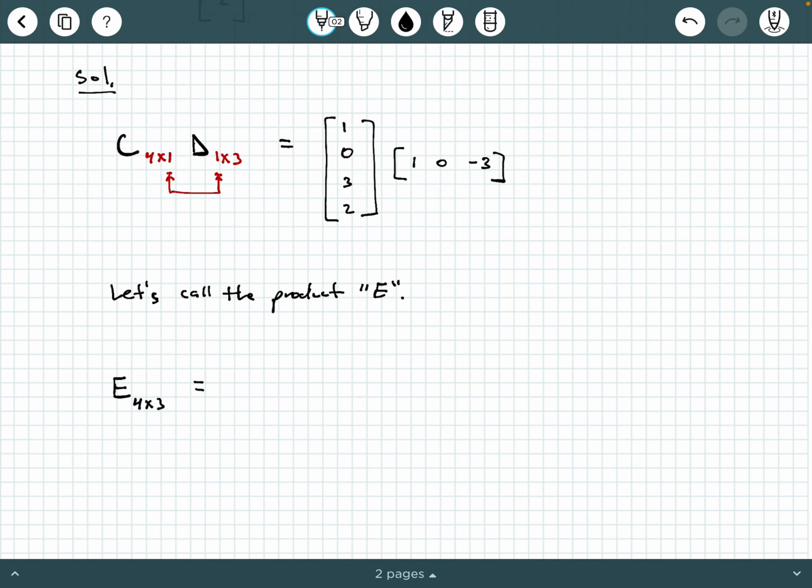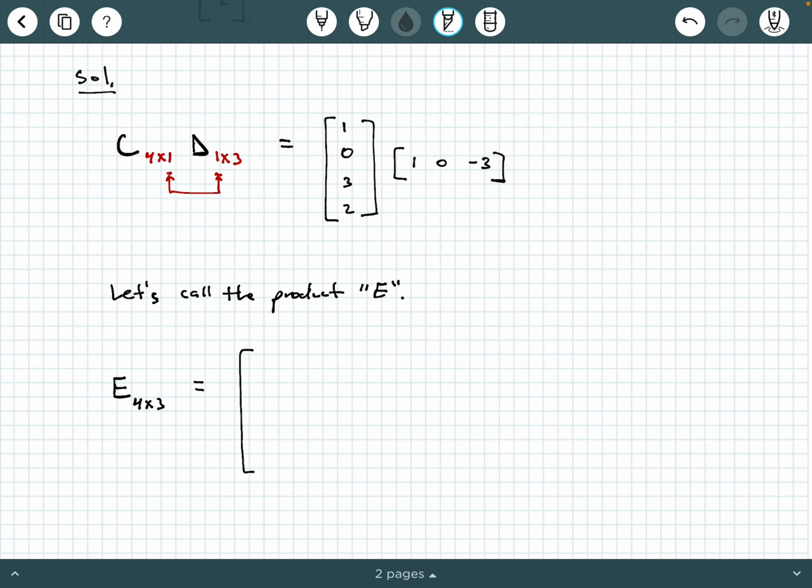Okay, so let's open up a bracket and let's start populating these. Remember, what you need to do is multiply each of the rows of the left matrix by each of the columns of the right matrix, and then add those products together.